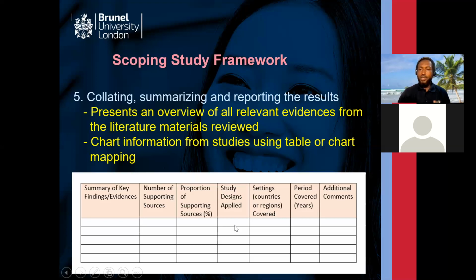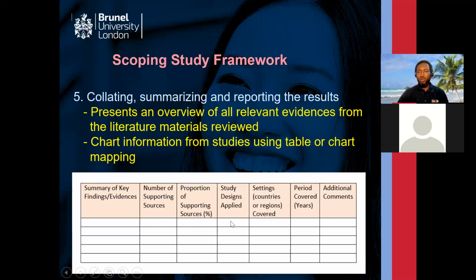So under the study designs, you want to pull all study designs that were conducted in the literature supporting that evidence. You could have almost all of them or the majority of them using cross-sectional studies, for example. Out of 7, say you have 5 using cross-sectional studies, so you write cross-sectional studies in parentheses 5. Whatever total you have here would be the same as the number of supporting sources here.